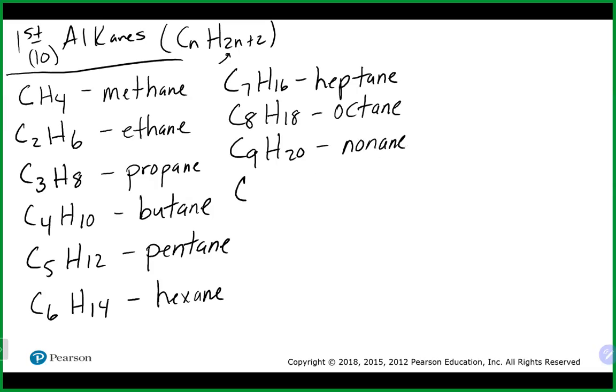And lastly, the first 10 here is 10 carbons would have 22 hydrogens, and that is known as decane.